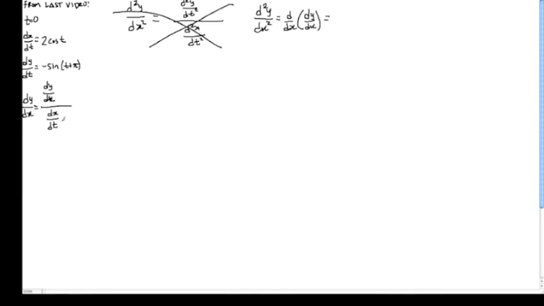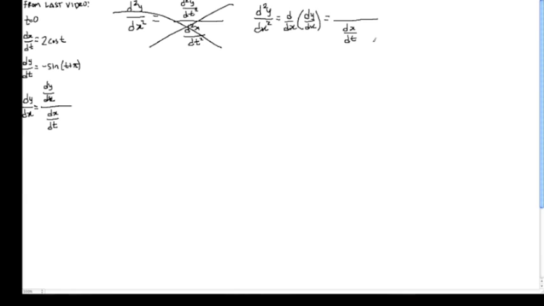So now, in order to find the derivative of this, what we needed to do was take the derivative of the y function with respect to t, and then take the derivative of the x function with respect to t. So we can do that for this one too. The x function is just going to be dx dt.